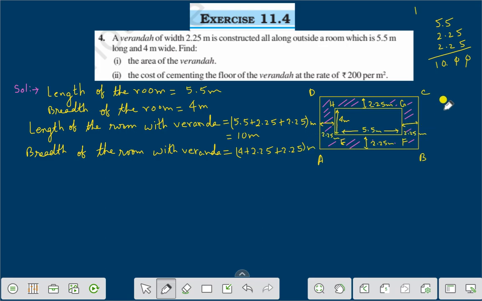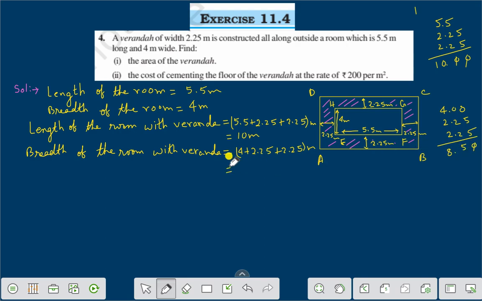Add this one, that is 4.00, then 2.25, 2.25. 5 plus 5 is 10, carry 1, it is 0. 2 plus 1 is 3, plus 4 is 7... That comes to 8.50.